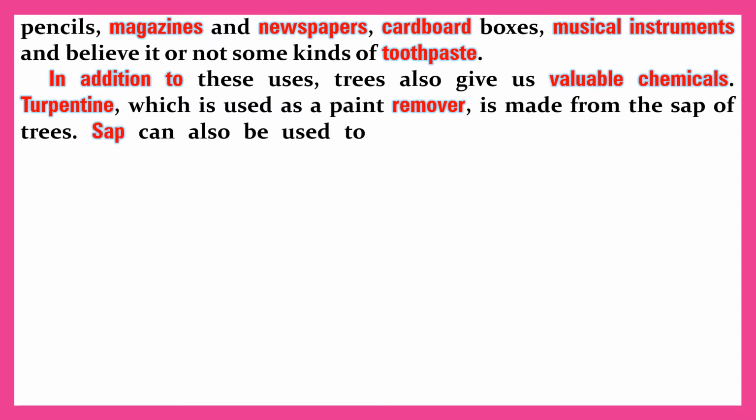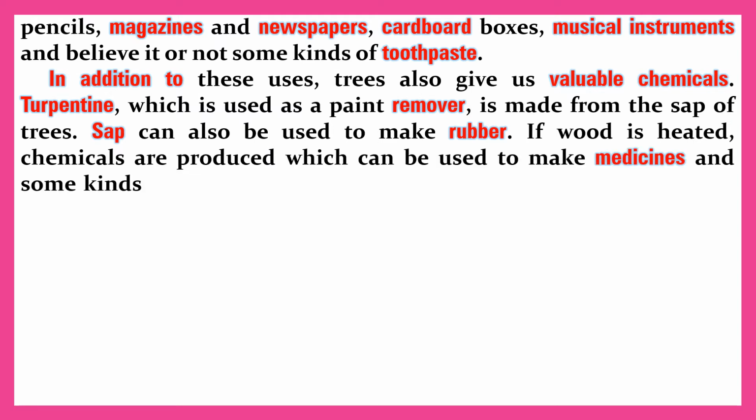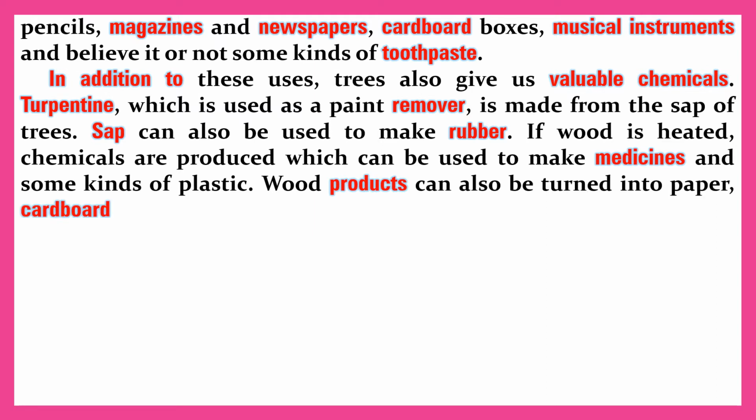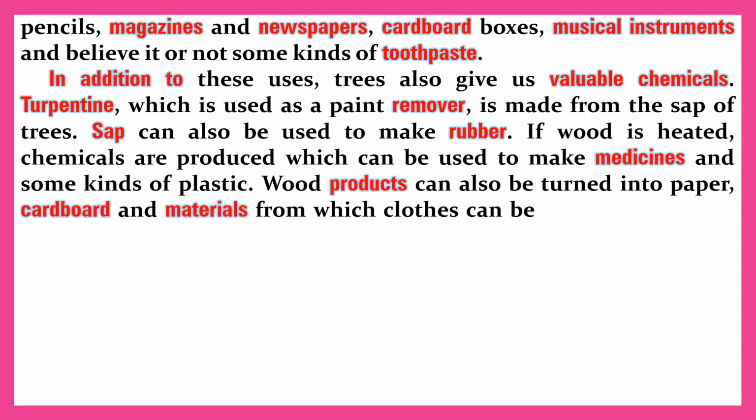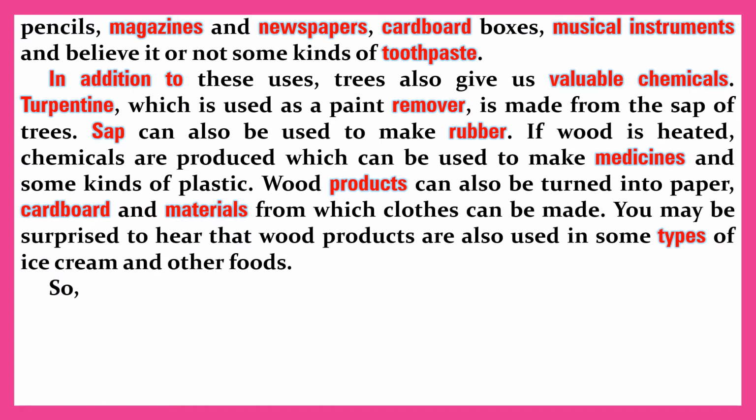Turpentine, which is used as a paint remover, is made from the sap of trees. Sap can also be used to make rubber. If wood is heated, chemicals are produced which can be used to make medicines and some kinds of plastic. Wood products can also be turned into paper, cardboard, and materials from which clothes can be made.